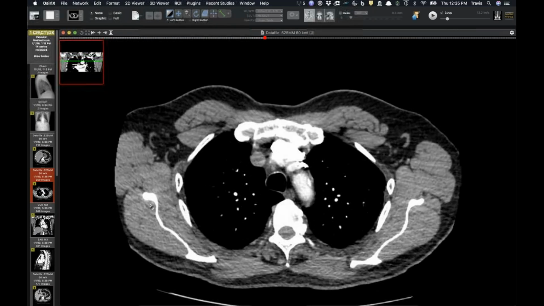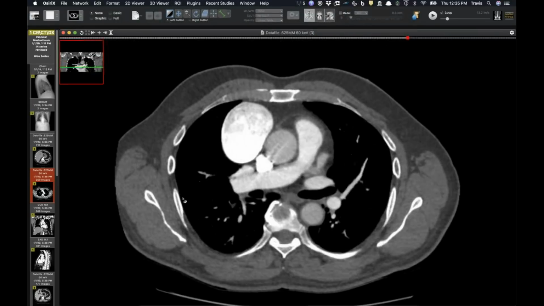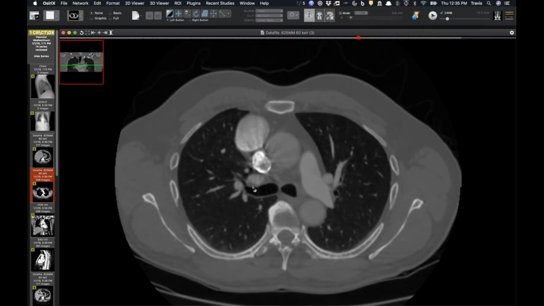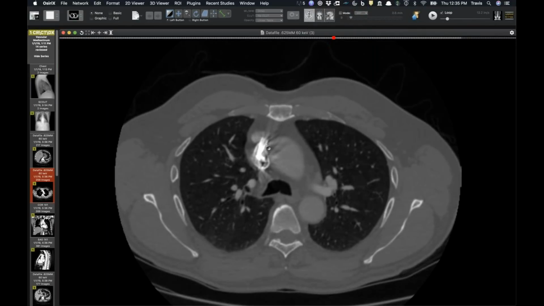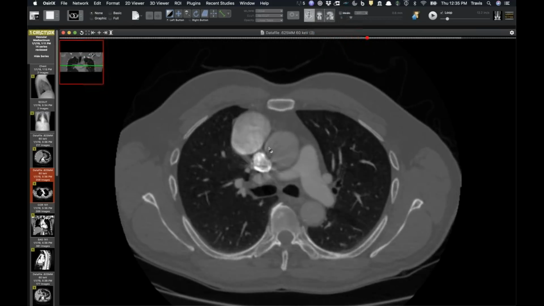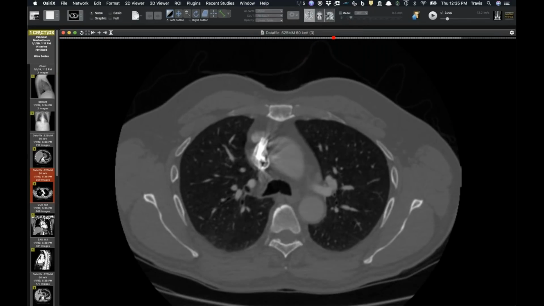And on this, let's make sure I've got the arterial phase. On the arterial phase, you will see that this is a huge thing filling with contrast. And it's hard to see here because of streak, but it's actually communicating with the distal brachiocephalic vein right at the confluence, or you maybe even argue it's in the proximal superior vena cava.